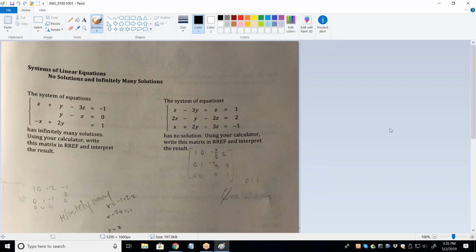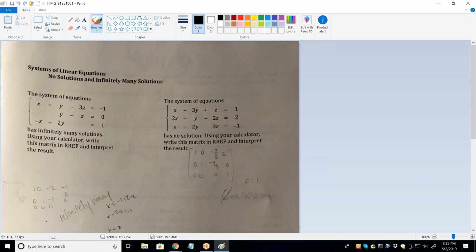Equation 4 is always the sum of two of the original three, and equation 5 is always the sum of two different ones of the original three. So that's the essence of solving a system of equations by elimination.